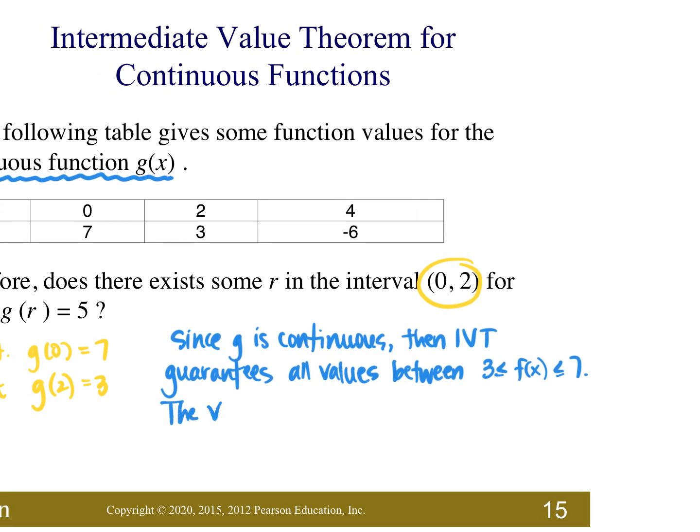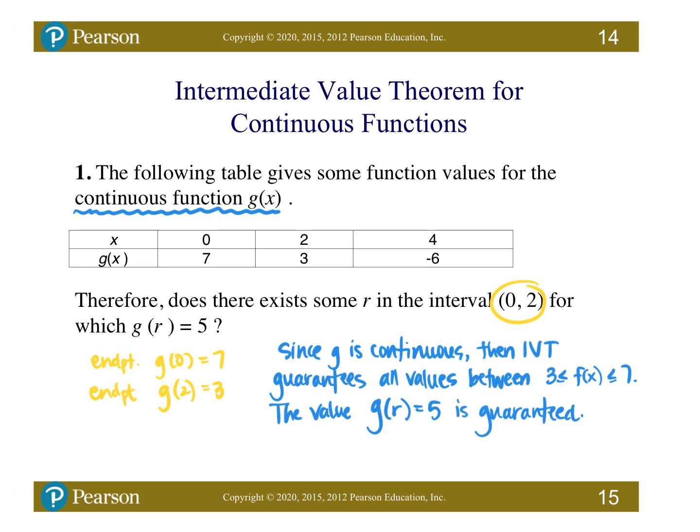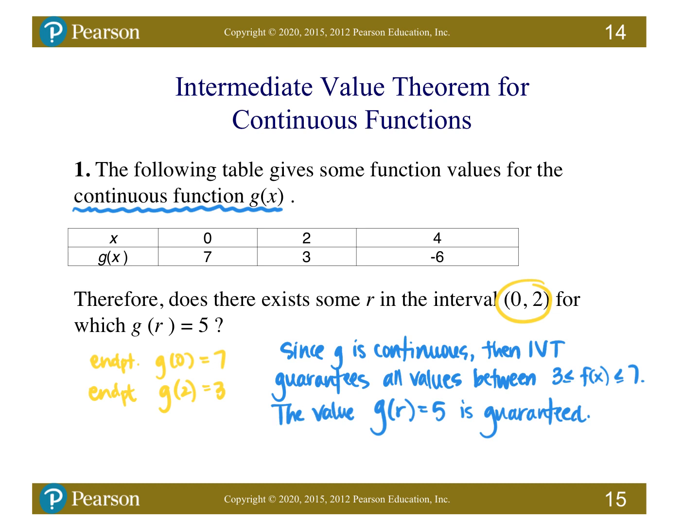And then we say the value 5 falls within this range, so it is guaranteed because it's between 3 and 7. Somewhere there has to be a value of 5. It may even be lots of values of 5, but there has to be at least one. Even if you tried, you could never avoid the value of 5.